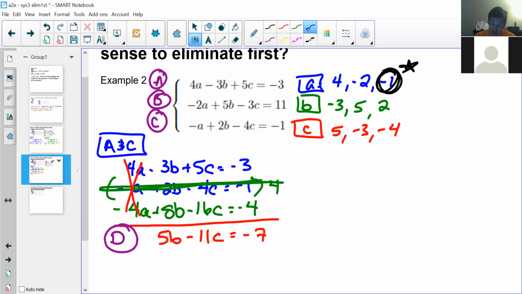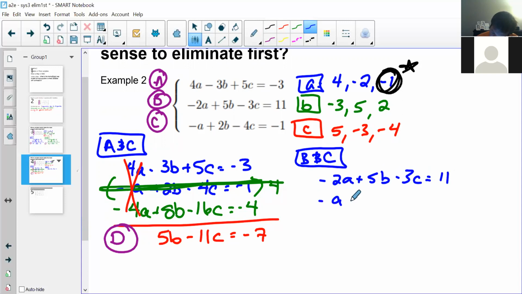I'm going to again take a look, and I'm going to use C. Why am I using C so much? Because it's got that -1 coefficient that's really easy to manipulate. So here I'll do B and C. And I'll go ahead and write B down, -2A plus 5B minus 3C is equal to 11.